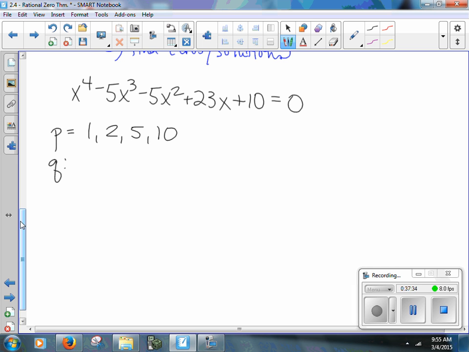What is your Q value? 1, thank God, right? So that means my P over Q values are right there. Do you guys agree with that? Haley, is that right? Jessica, what do I do next? All right, what am I going to choose for the box first?